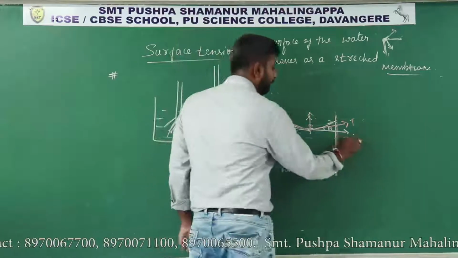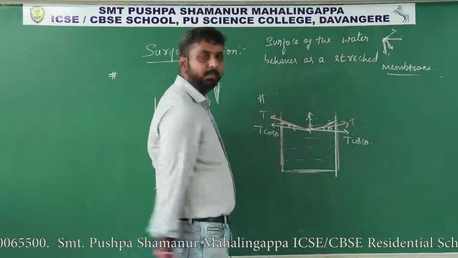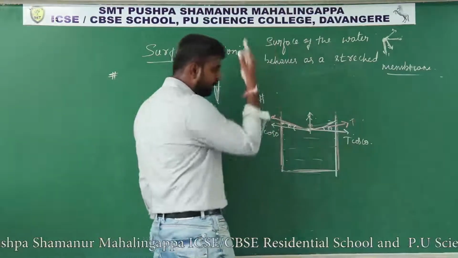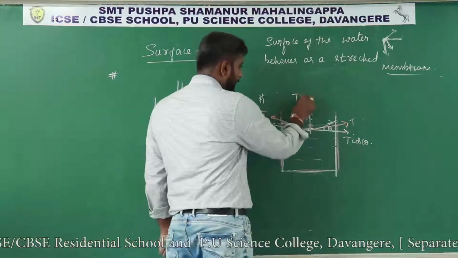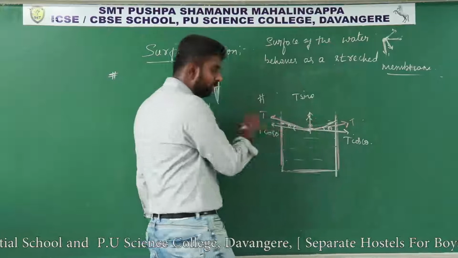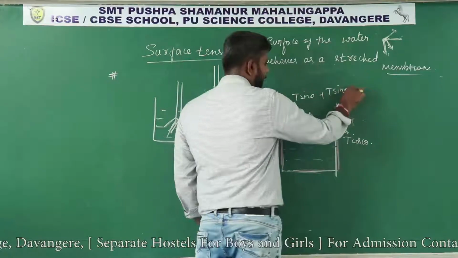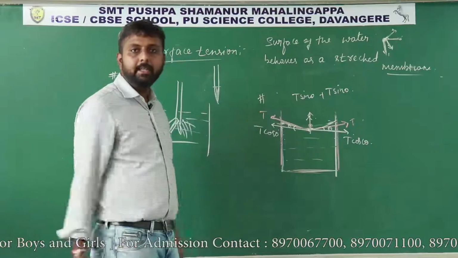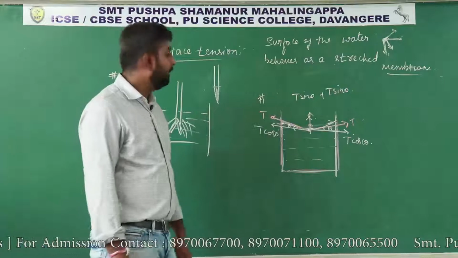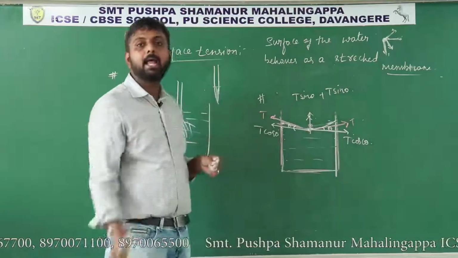This component also becomes T cos theta. These are the horizontal components. In the upward direction a force is acting, right? That one component is T sin theta due to this force, and this side force also T sin theta. These horizontal components are acting in opposite directions, hence they will cancel each other. But these vertical forces are acting in the same direction, they will add up.